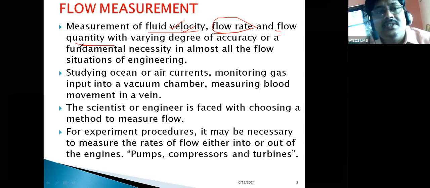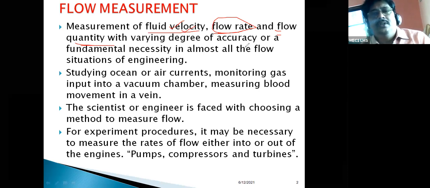Flow quantity is nothing but Q. Flow rate is nothing but Q, and fluid velocity is the rate at which the flow is moving, per second, per unit time. The liquid is moving per unit time. Yes, Q is discharge, right?